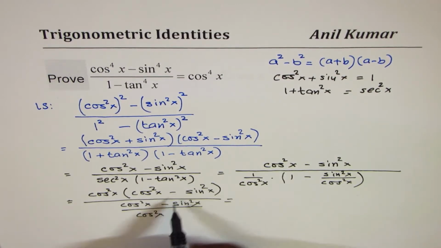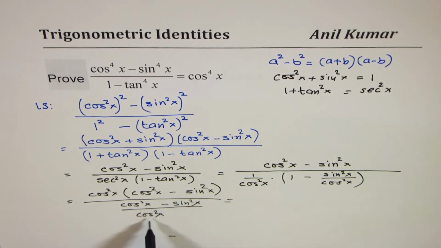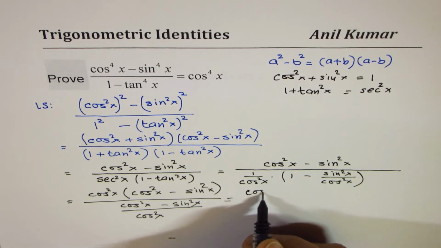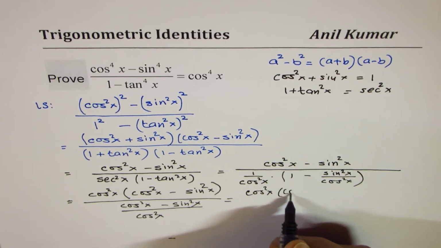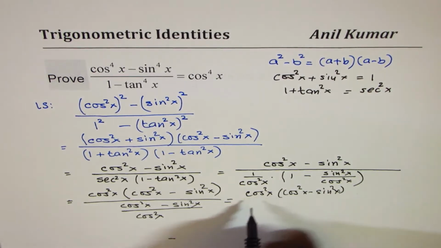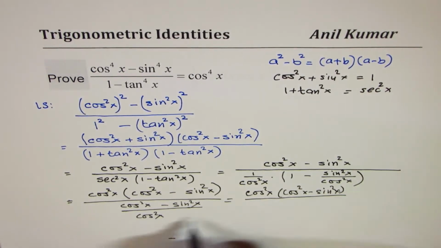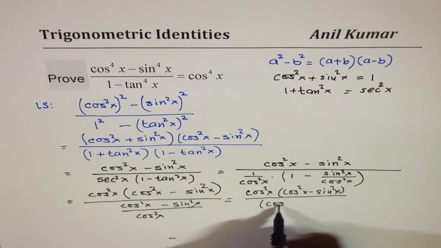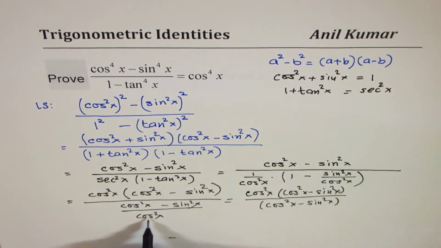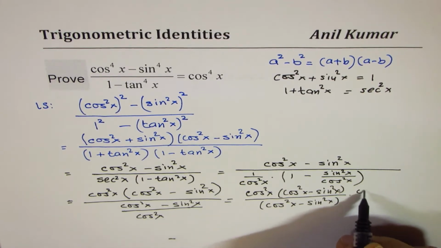As you can see, these two terms will cancel out and this cos square x will go to the numerator. Or let me rewrite this once again. I'll write this as cos square x times cos square x minus sine square x. And here we have cos square x minus sine square x, and I'm writing this cos square x in the numerator.